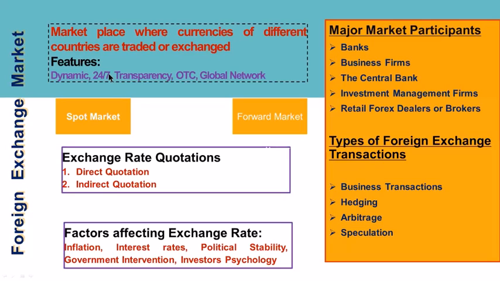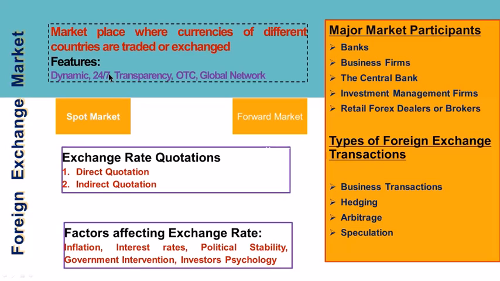It is also said to be a 24-hour market, because the exchange or conversion of currencies takes place along with the movement of the clock in a day of 24 hours without any interruption except maybe on weekends. It's a continuous market. The requirement or purpose may be different, but the market continues throughout the period.